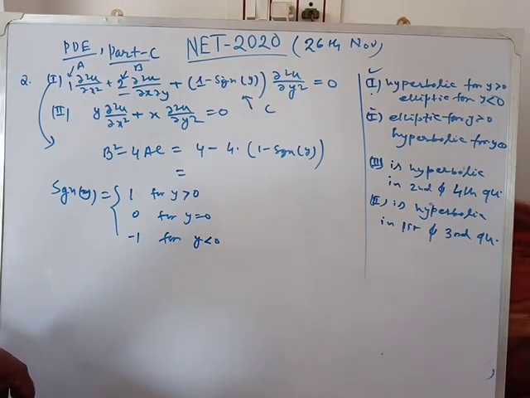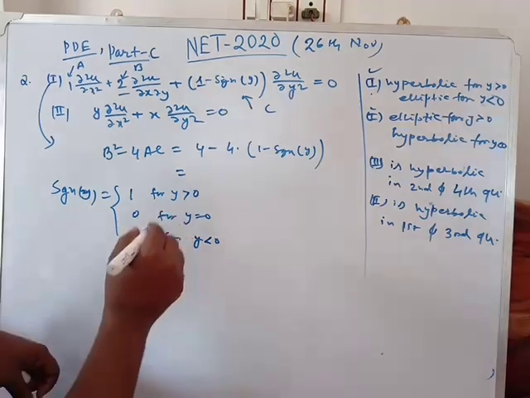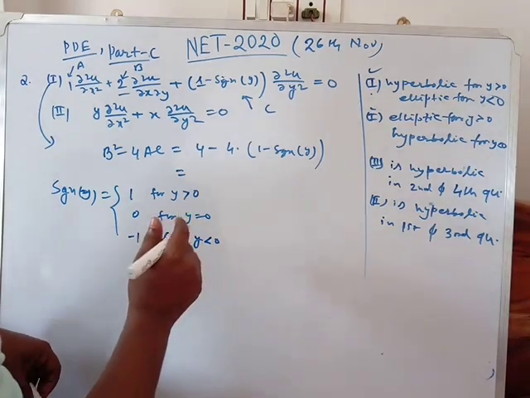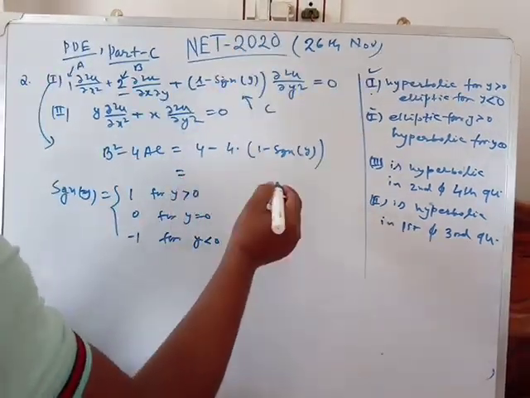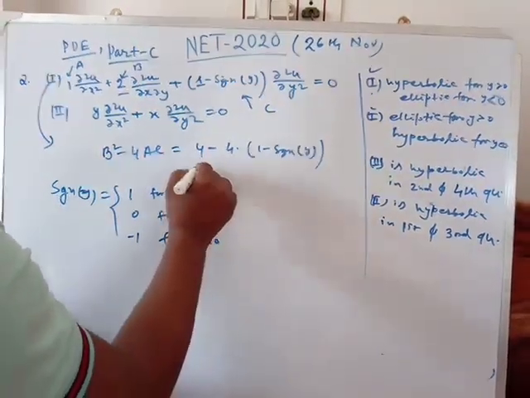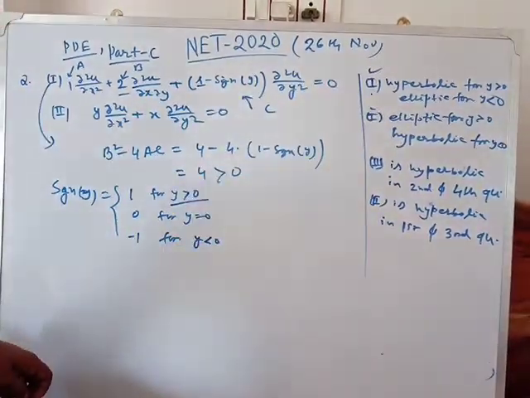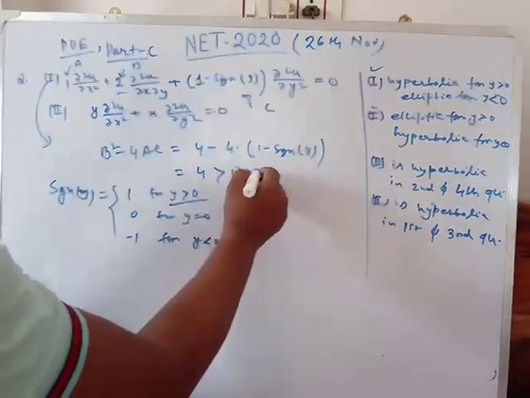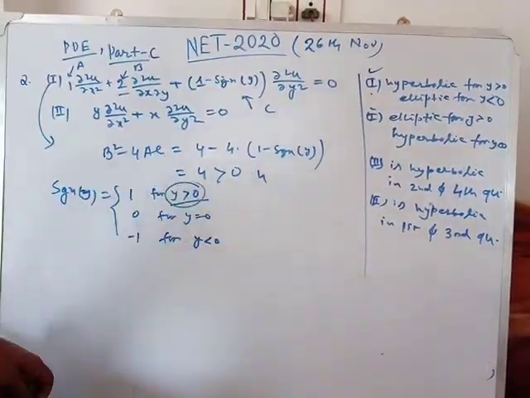So here for y greater than 0, this is 1. So 1 minus 1 is 0, so we get 4 greater than 0, that is hyperbolic. For y greater than 0, hyperbolic.